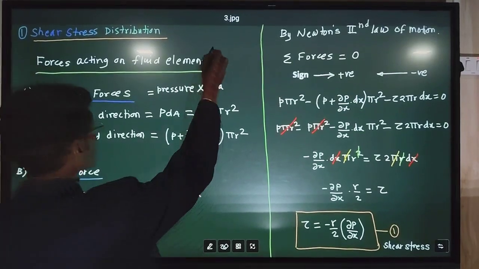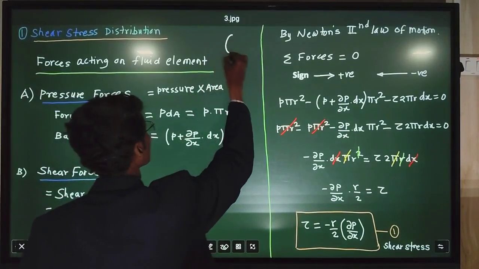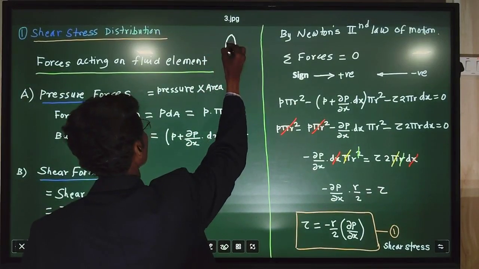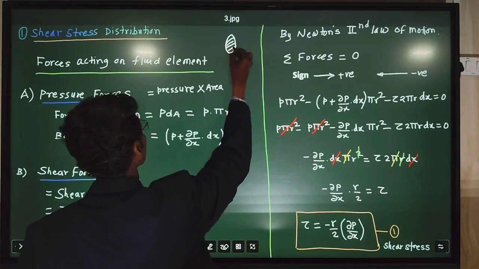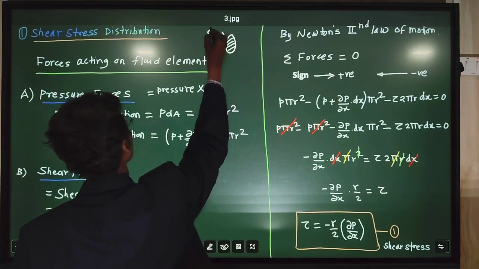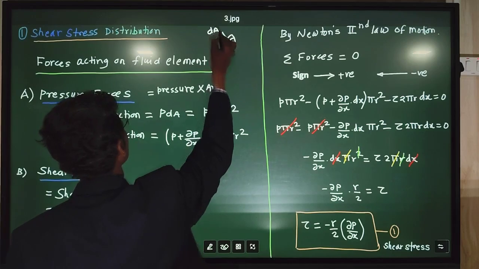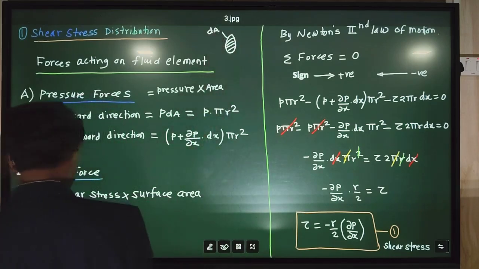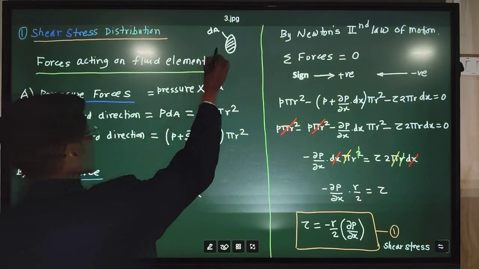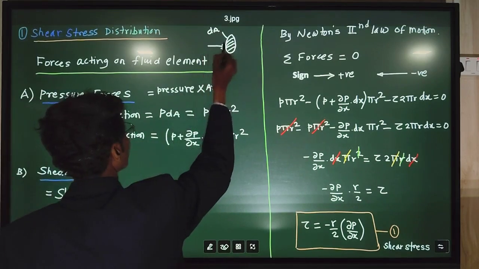Now for pressure force, we will consider the cross-sectional area of the pipe. This is an elemental area, dA. The force acting here is perpendicular to this area.